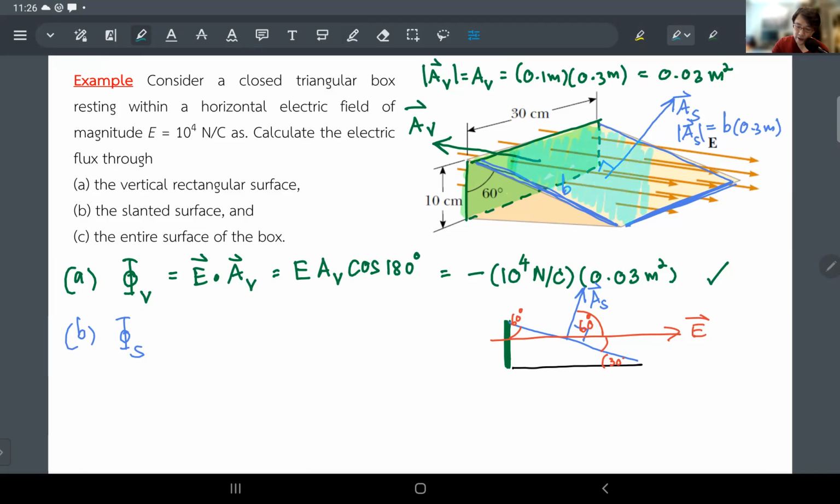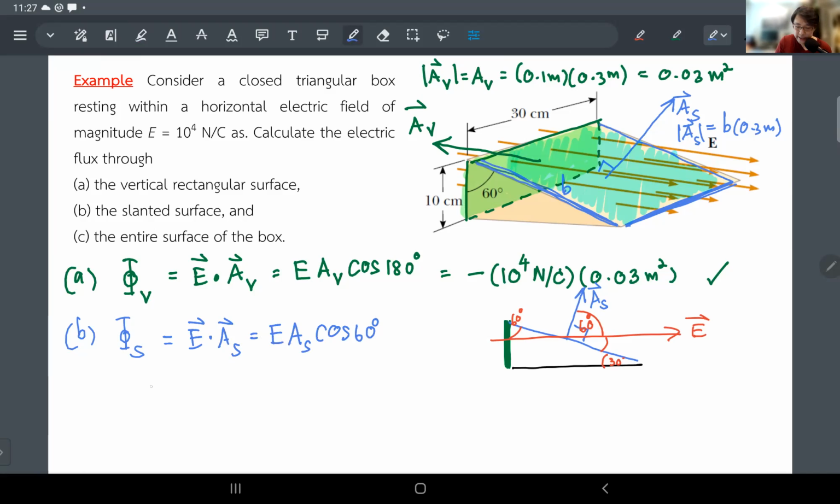You want to figure out how much electric field lines are piercing through that blue surface. So it's going to be equal to E dot A sub S. The magnitude of E is E, the magnitude of A sub S is A sub S, and then you take the cosine of 60 degrees, because that's the angle that A sub S and E are making.